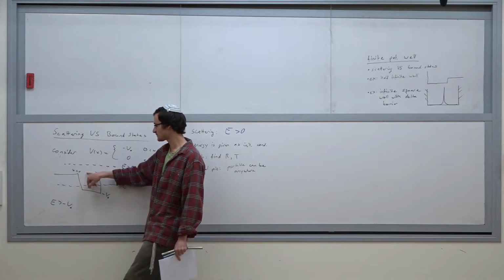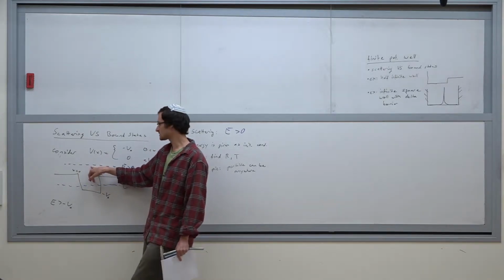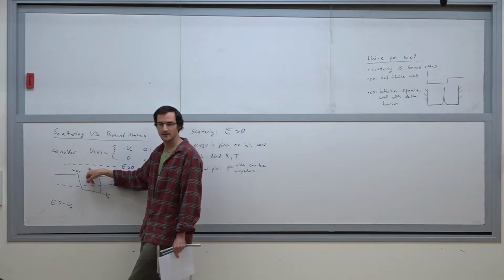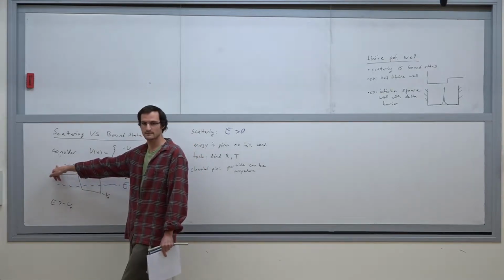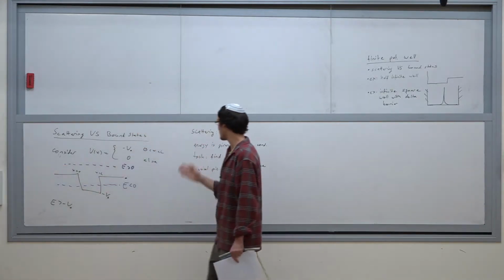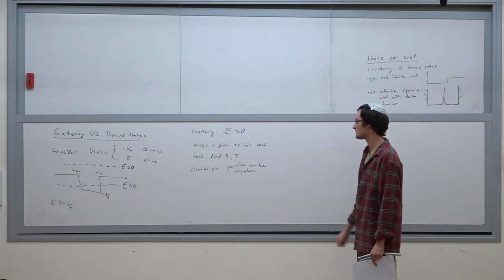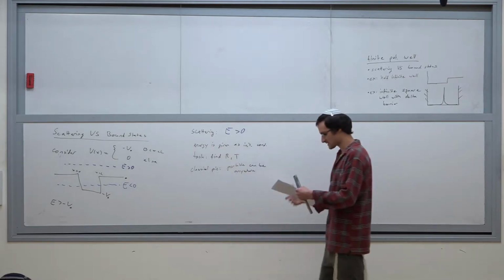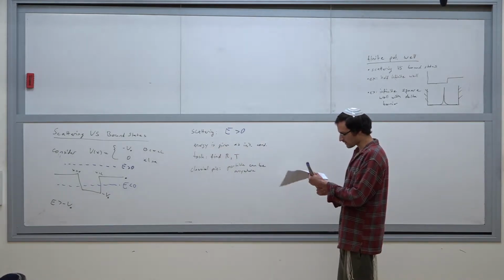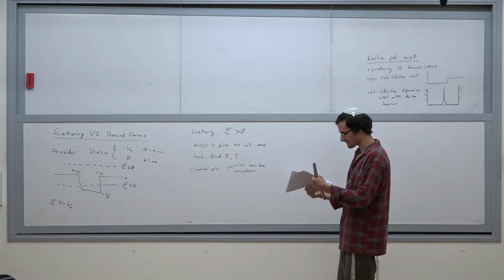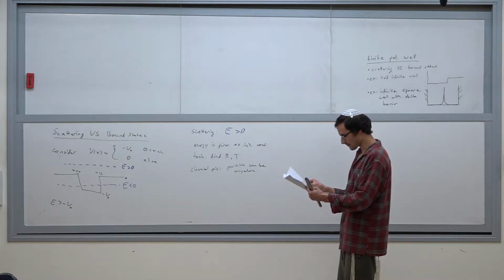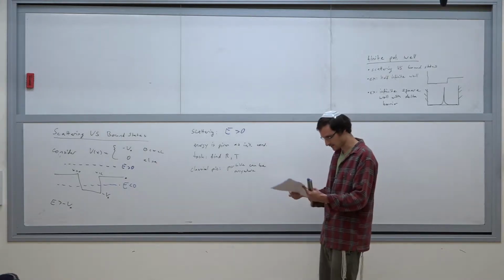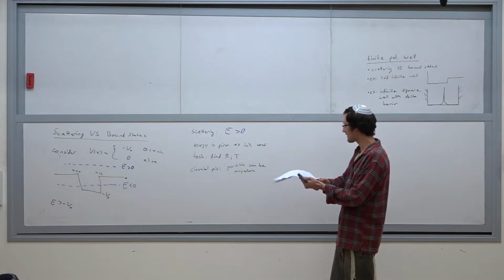So if it loses potential energy, it'll gain kinetic energy. So a classical particle will be faster here than it will be here, right? But it can be anywhere, and that's why this is what we call a scattering problem. If the classical particle could be anywhere, then we're dealing with a scattering problem. How do we solve this problem? We split up space, we write down a wave function, and use boundary conditions. You've done this. I don't have to go over it again.